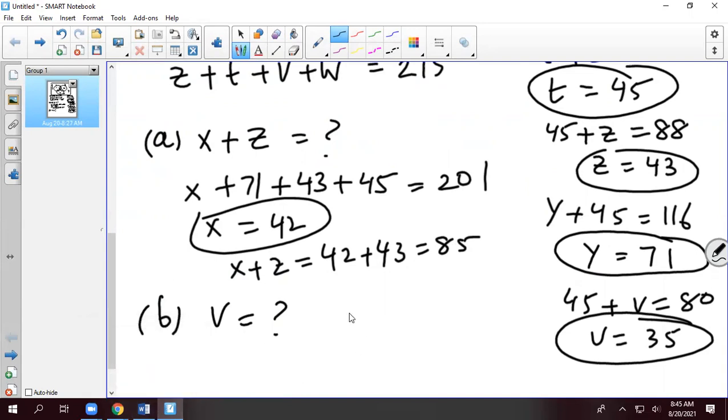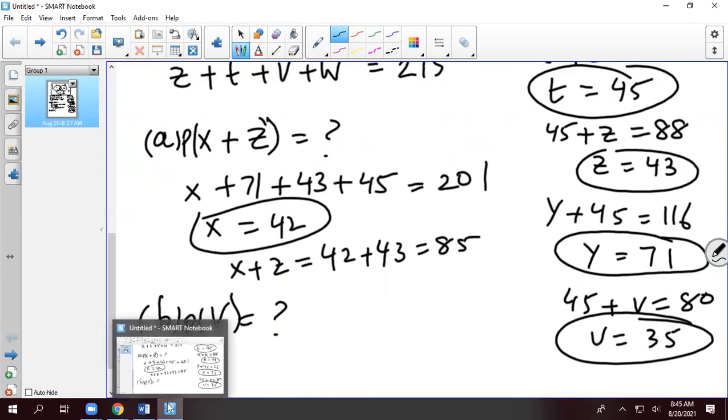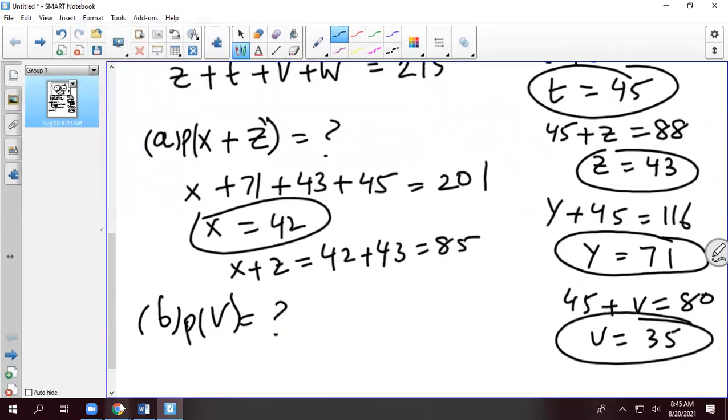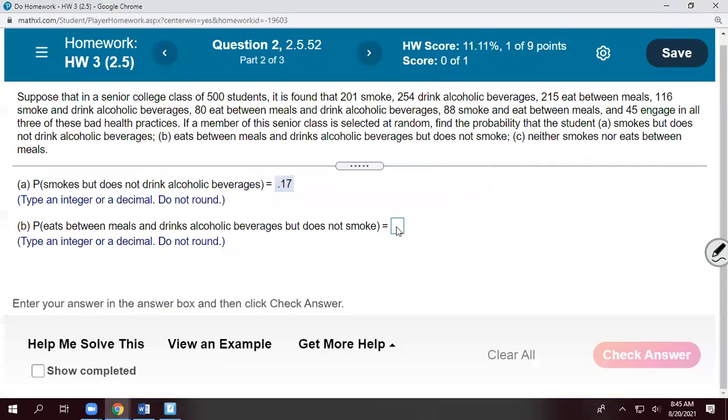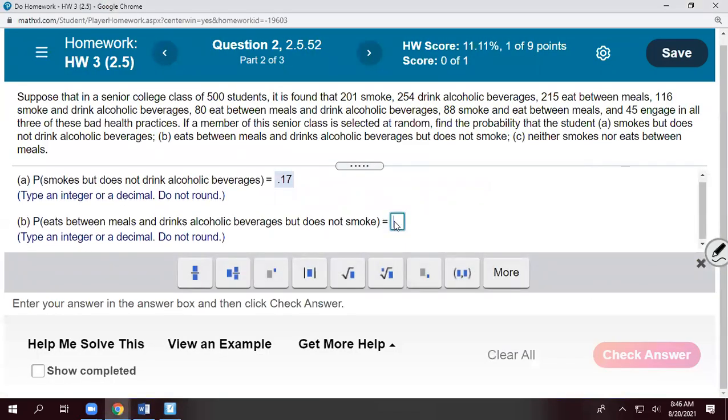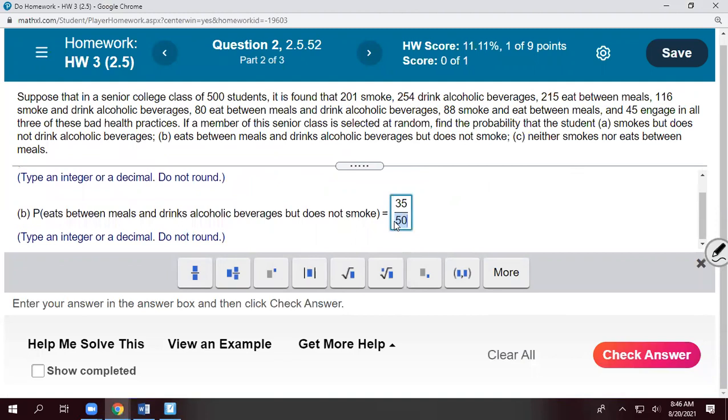We don't really need V here, we need probability of V. Similarly here, we need probability of X plus Z. So V is 35, therefore the probability of it would be 35 by 500, which is 0.07.